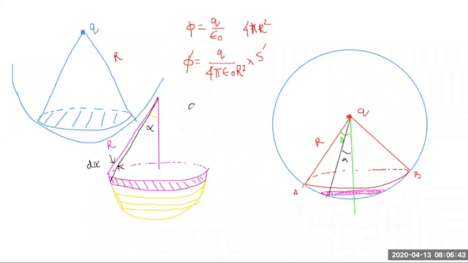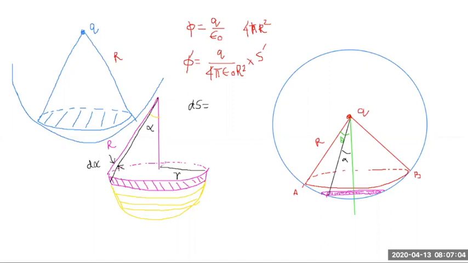The area of the elemental part is dS. dS is basically 2 pi r, the perimeter of the pink circle where r is the smaller radius, times the thickness of the elemental area, right?